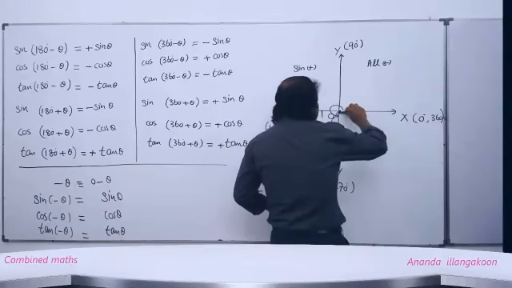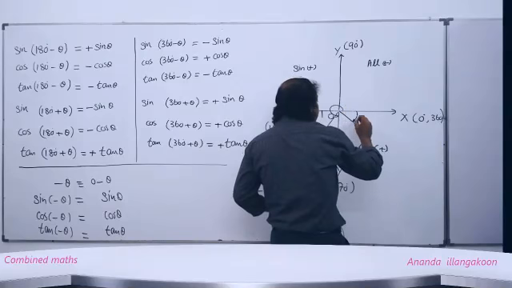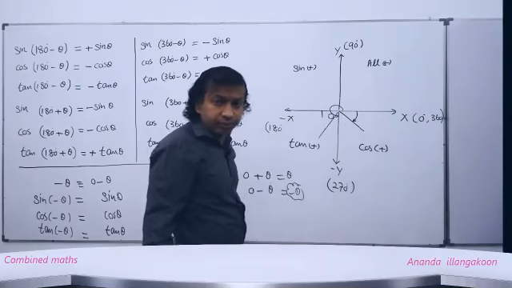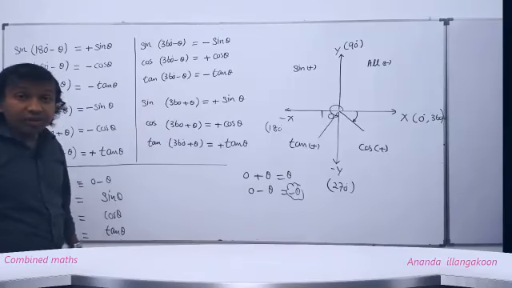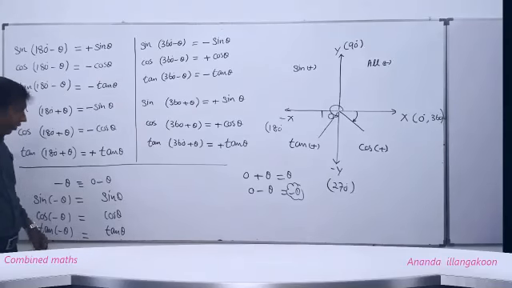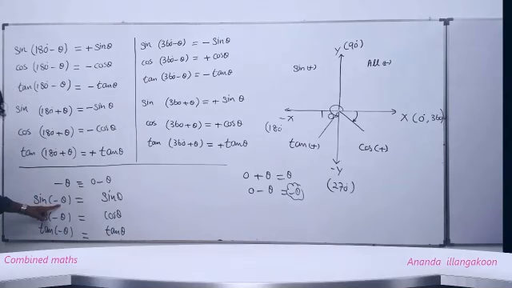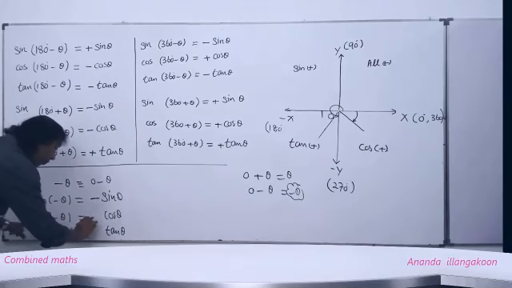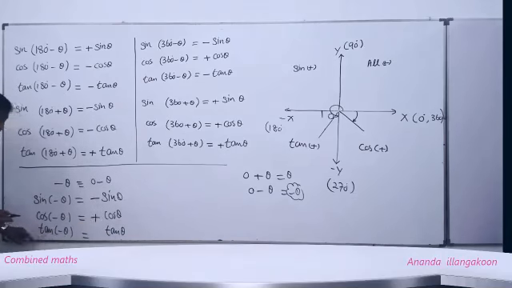If it rotates this way, OP is in the fourth quadrant. Then this angle is in the fourth quadrant. In the fourth quadrant, only cos is positive. Sine ratio negative, no? Put negative here. Cos ratio positive. Tan ratio negative.